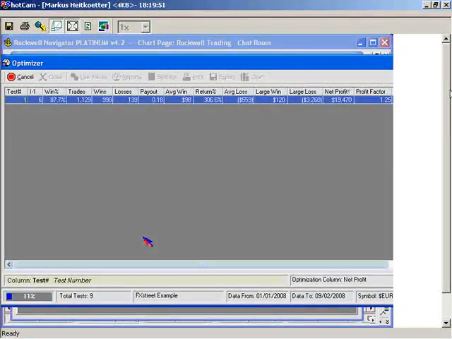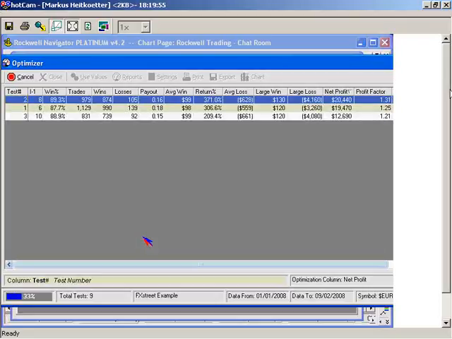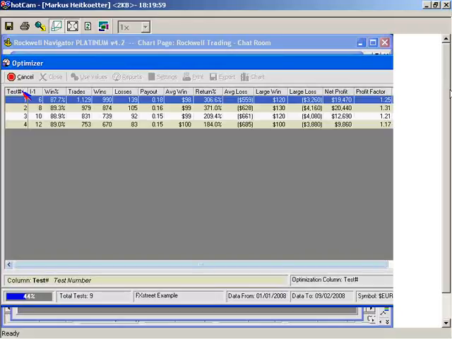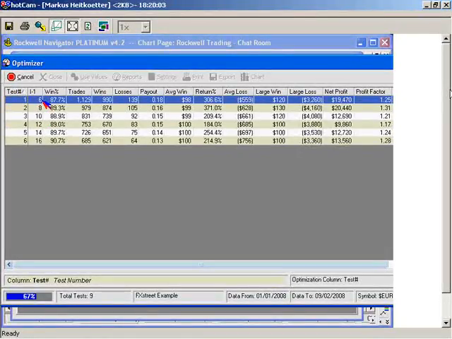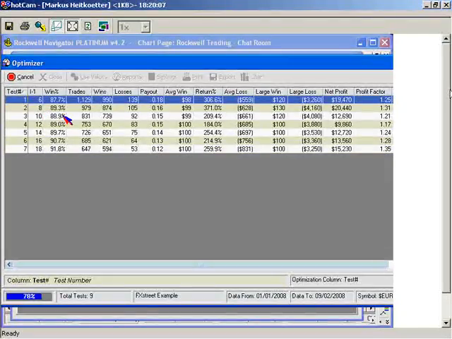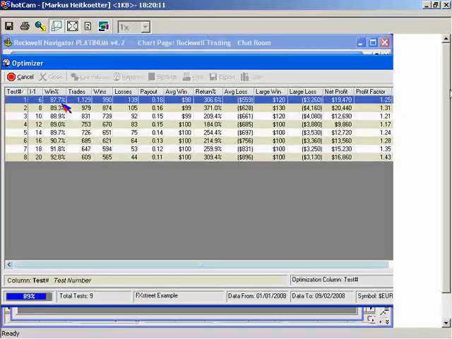And you see right now what the computer does is it is displaying the test number. So at first we are testing it with a moving average of 6, then 8, then 10, then 12. And you see the different variables here. You see the different key performance indicators.